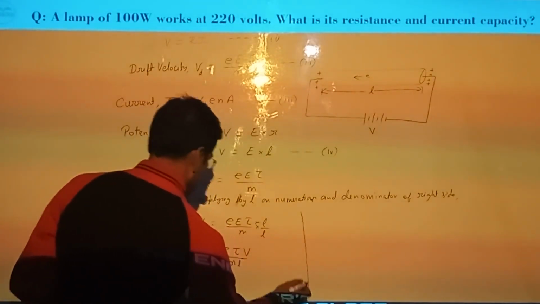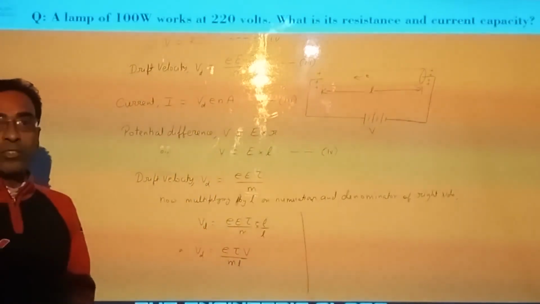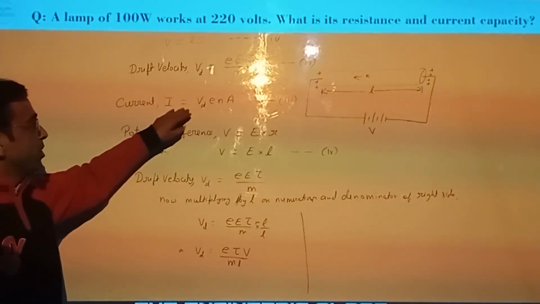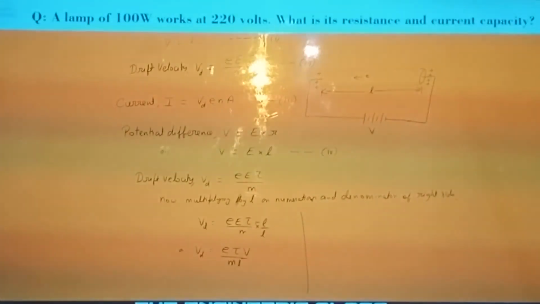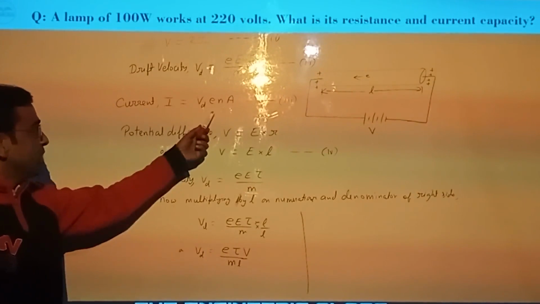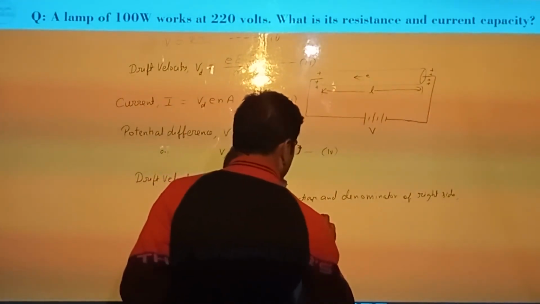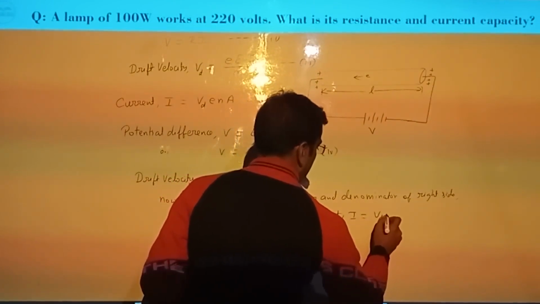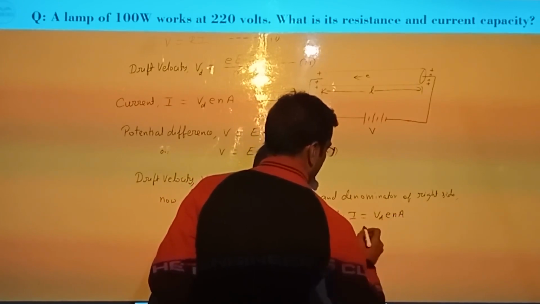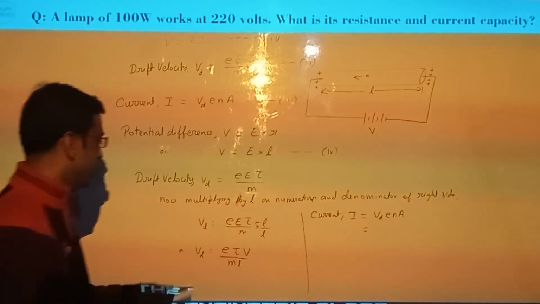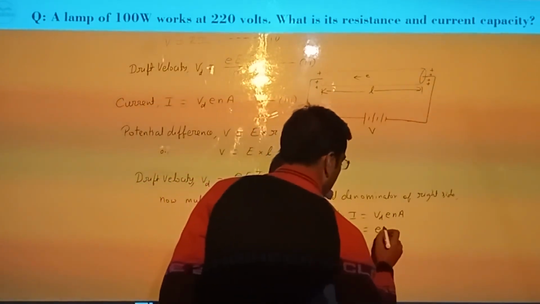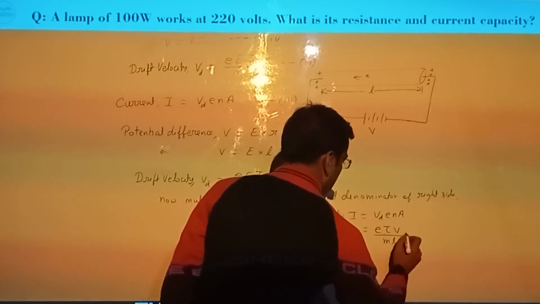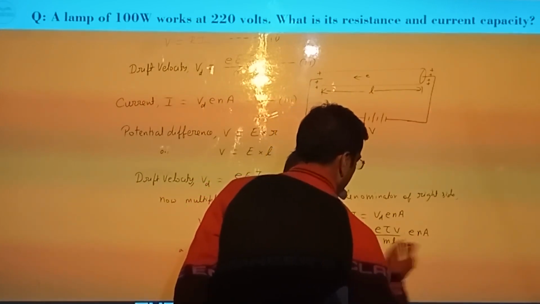So we get the drift velocity, and from equation number 3, current equals Vd eNA. Now we have to put the value of drift velocity in equation number 3. Then current I equals Vd eNA, where the value of drift velocity is e tau V upon mL, times eNA.